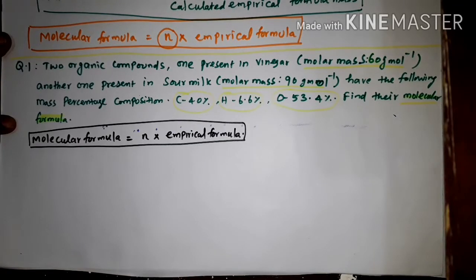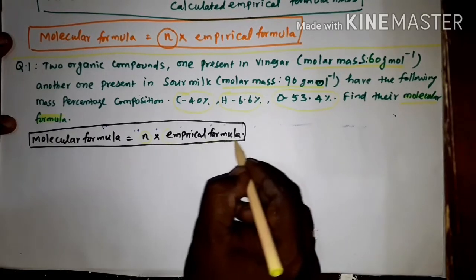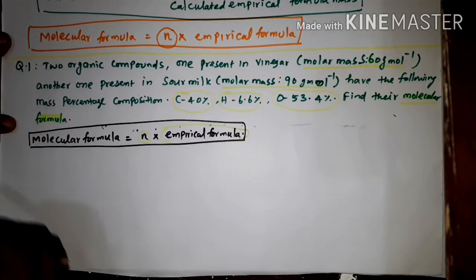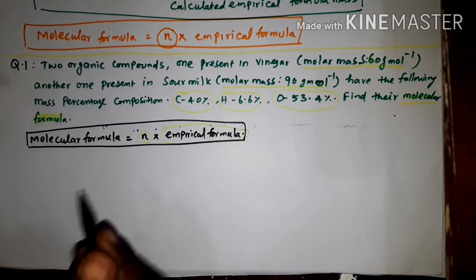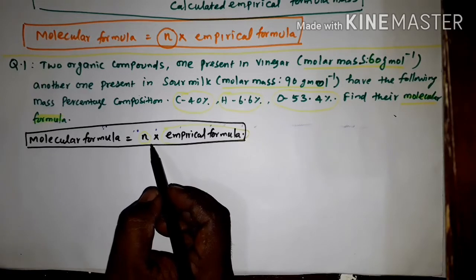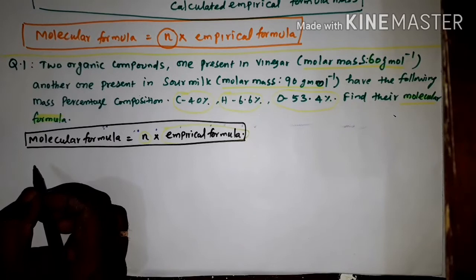Now here you have to calculate this n and the empirical formula. So first we will calculate the empirical formula, then only we can calculate the whole number. So what are the steps to calculate the empirical formula?